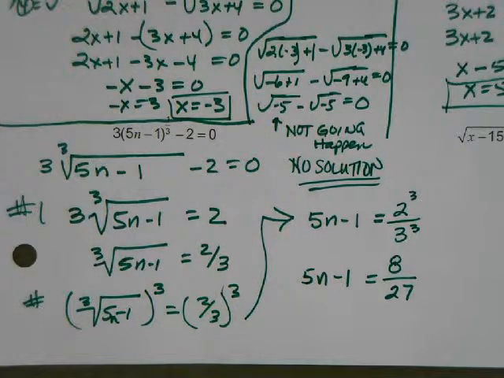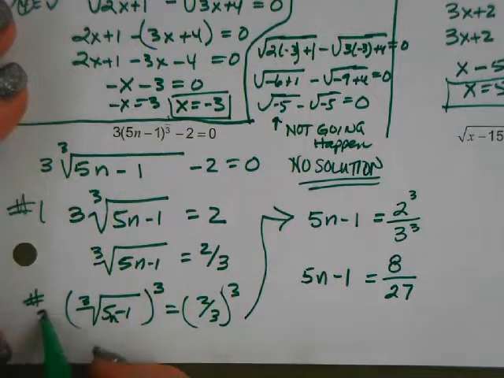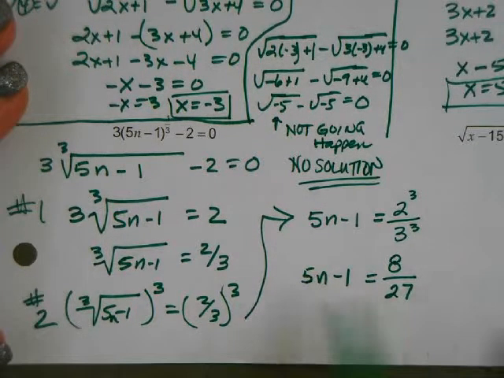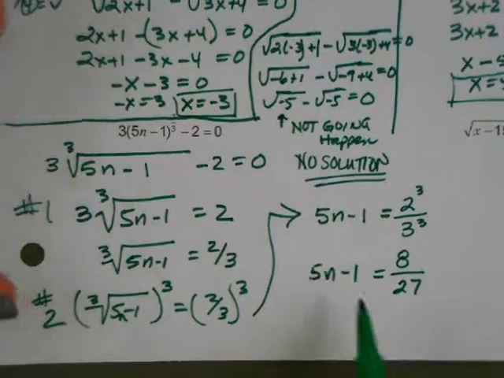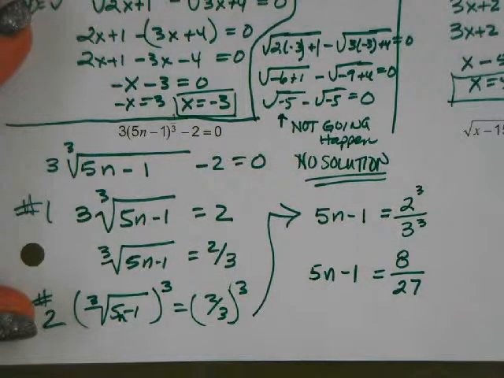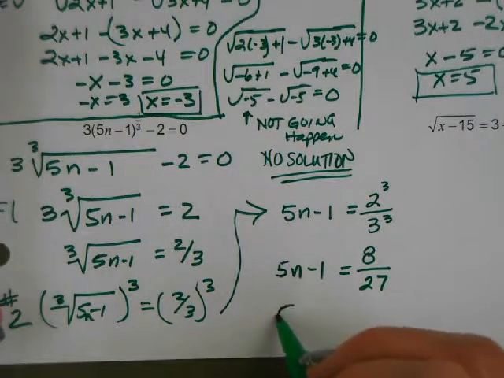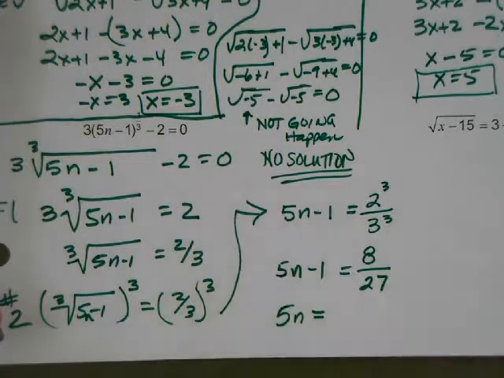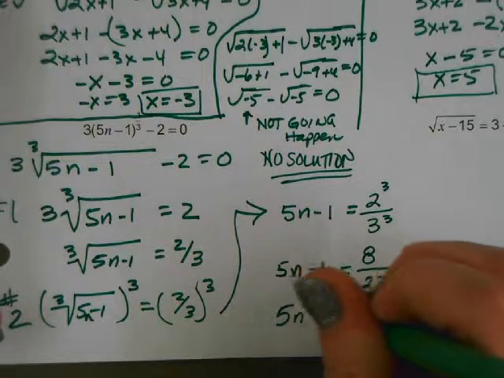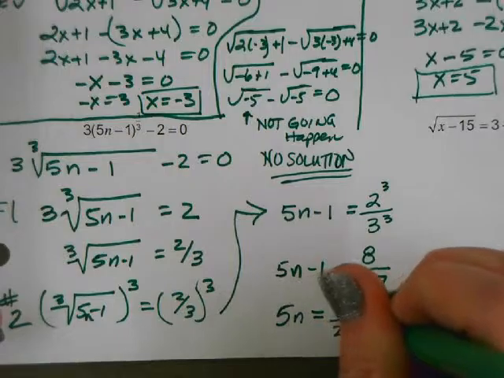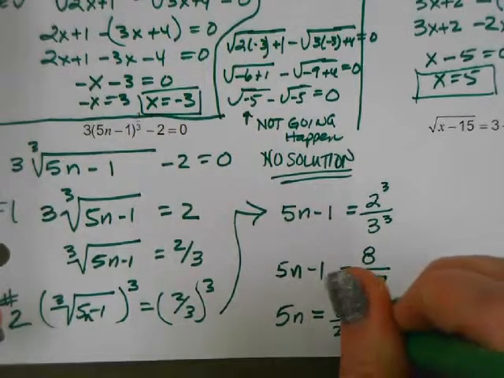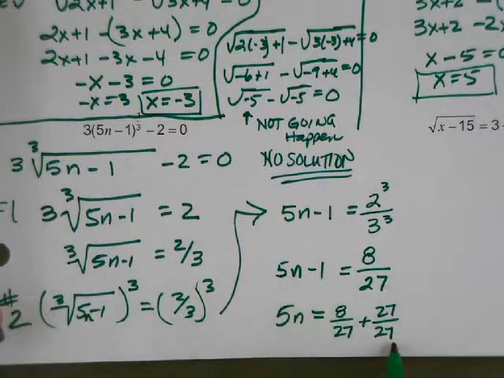Okay. So good on how we got number 2? Okay. At this point then we solve for n, so I'm going to add 1 to the other side, right? Well, if I add 1, what's my common denominator? 27, so I'm going to add 27 over 27. That's my 1. Does that make sense? I added 1 to the other side, right?